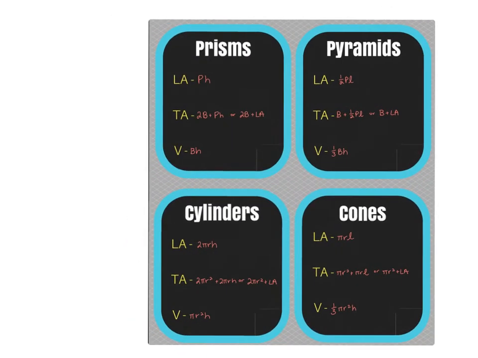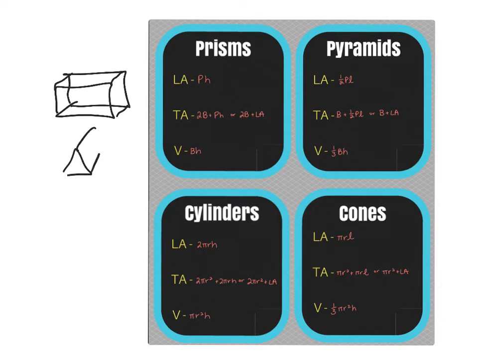So, for example, for the prisms, remember it could be a rectangular prism. It could also be a triangular prism, or it could be a pentagonal prism. And then where we might have to use that formula 1/2 ANS to get the capital B.